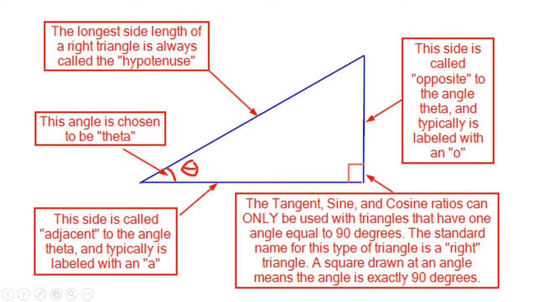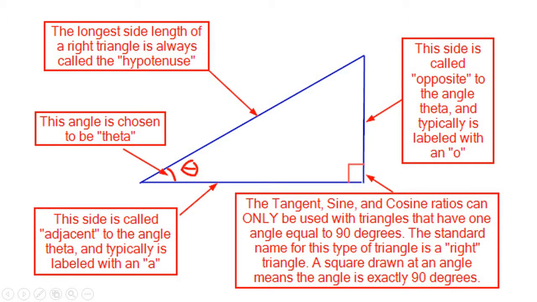So from there, we would choose our angle theta that we're looking at. So we can only be choosing from this angle or this angle. In this case, on this slide, we'll label this angle, the bottom left one, as theta. Now, only after we've chosen theta can we label the adjacent and opposite sides of the triangle. So this side length here we call adjacent to the angle theta.